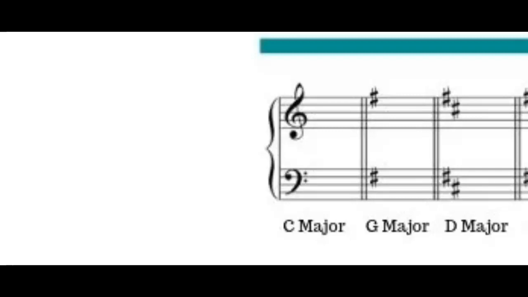The thing that's important for this week is that you have to be able to write the key signatures. C does not have anything. The G major with the 1 F sharp and the D major with the F sharp and the C sharp. I'm going to ask that in class this week.